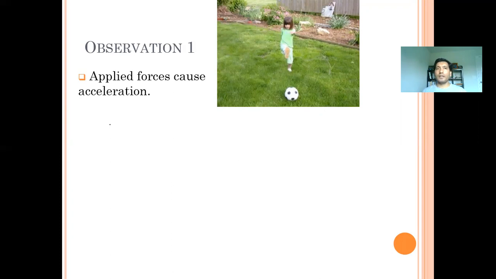But suppose the speedometer is showing 50 kilometers per hour, after a certain time it is 55, and then another minute, it may be 60 kilometers per hour or 60 miles per hour. That means velocity is increasing and that is accelerating. That is said to be acceleration.